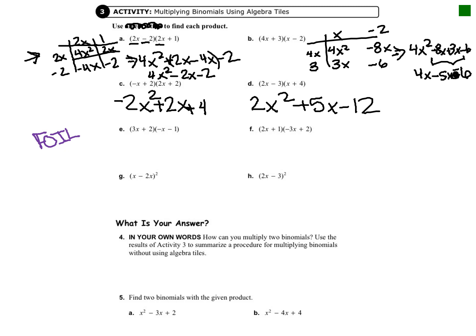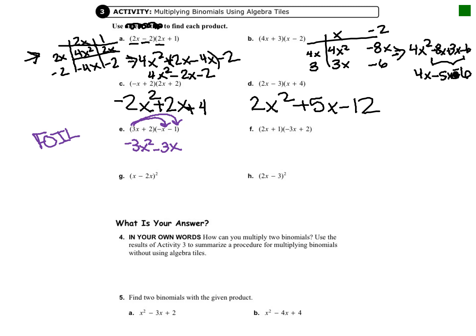Okay, F stands for the first term, so we're going to do 3x times negative x. 3x times negative x is negative 3x squared. O stands for the outer terms, so now we're going to do 3x times negative 1, and 3x times negative 1 is negative 3x, okay?